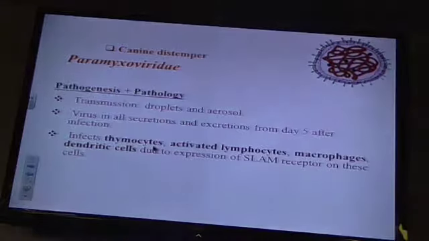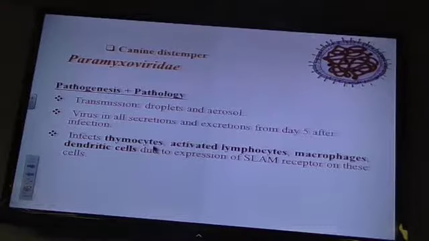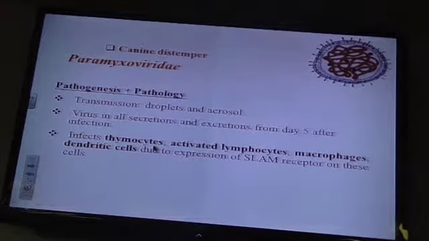The other thing we saw is hard pad disease. Again, the virus infects the pads, and as a result you get thickening of the pads, making it difficult for the dog to walk.